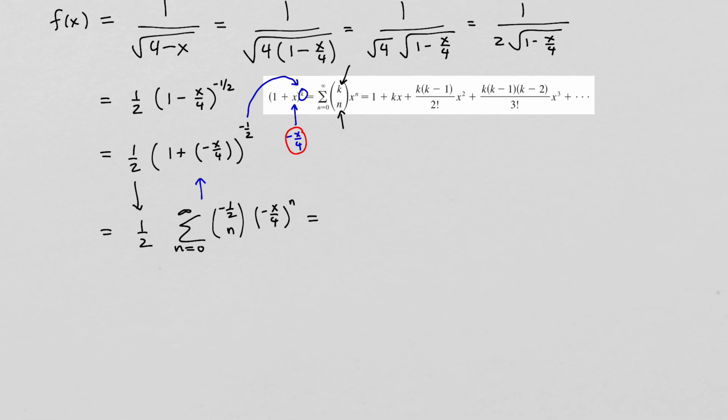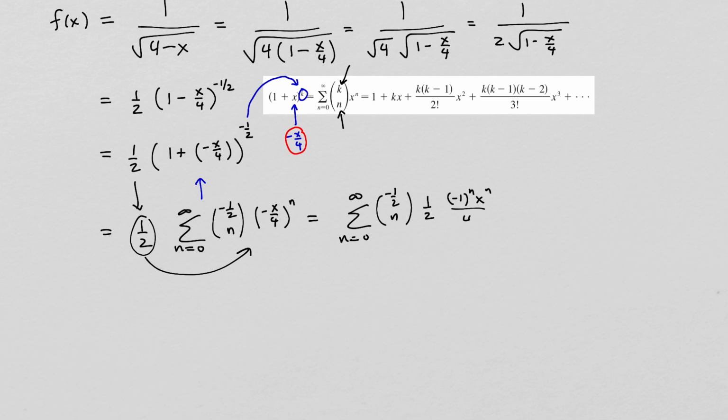So what would this look like? Well, this is going to be the sum, n equals 0 to infinity, negative 1/2, and then n, and then we have 1/2, so I'm just bringing this inside, negative 1 to the n, x to the n, over 4 to the n.